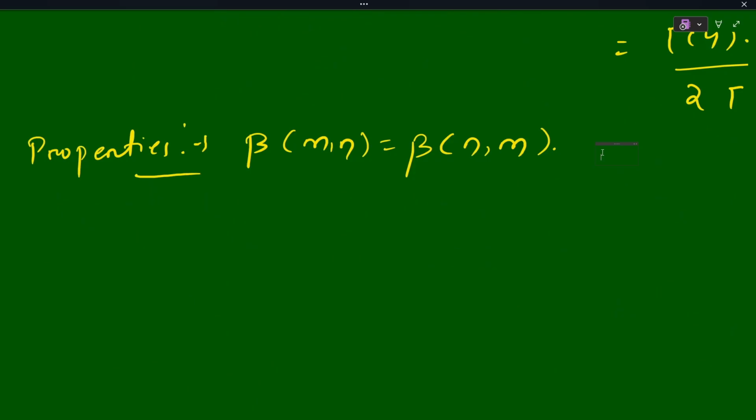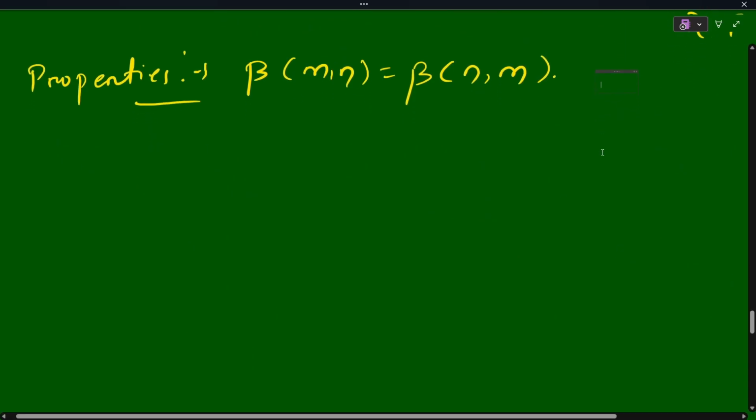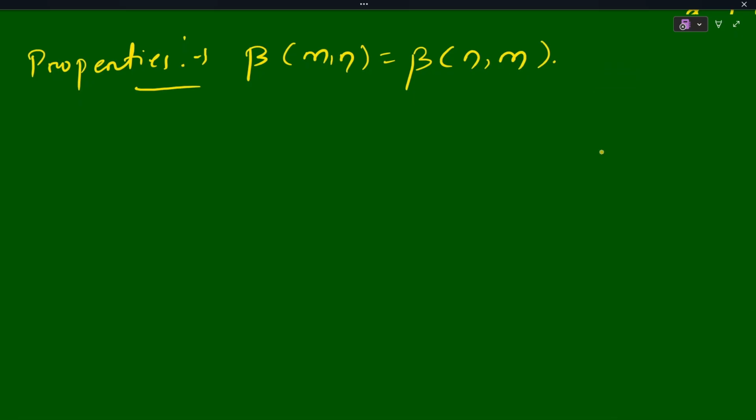Now another fun fact which usually comes in the exam as an 8 marks question is that gamma half is root pi. There is a very interesting formula where we can use this beta function to easily prove this.